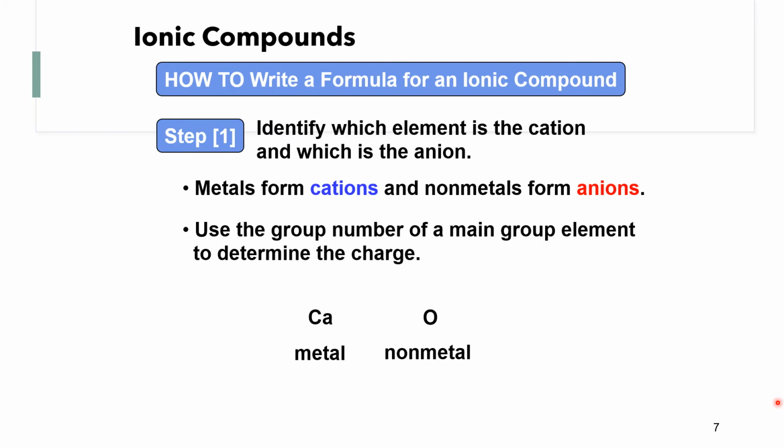One thing that you can do is go to the periodic table and use the group number of your element to figure out what the charge is. So calcium is in group 2A, so it is going to have a +2 charge. Oxygen is in group 6A, so it is going to have a -2 charge.